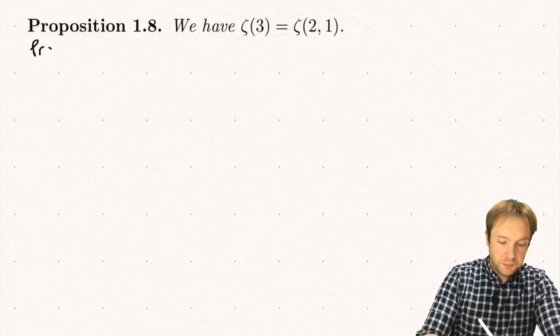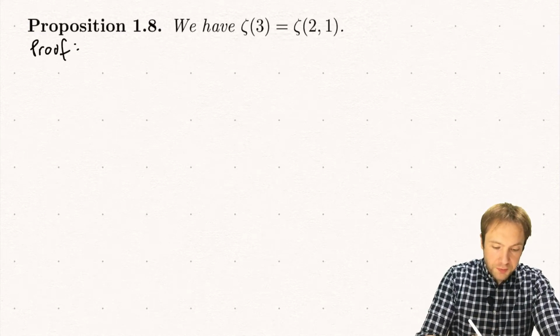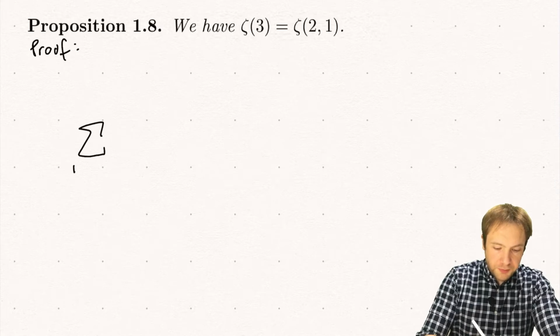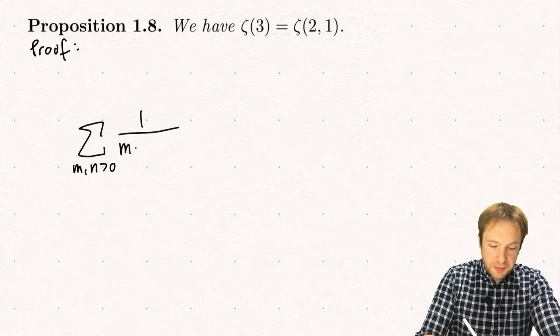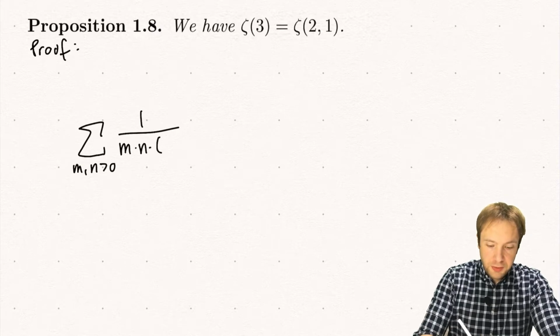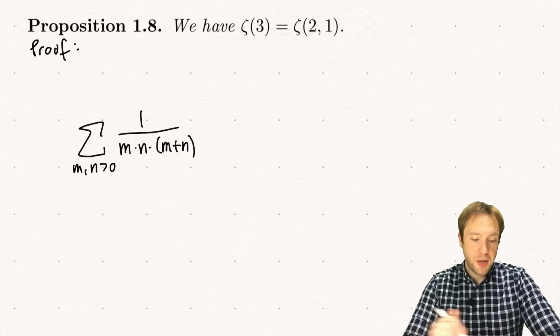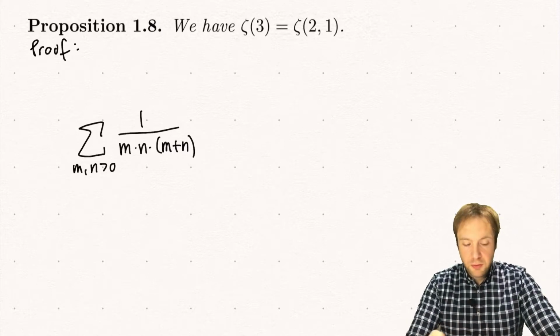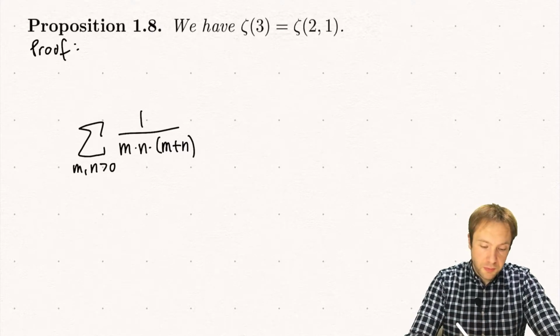Proof. So we start with the following sum. It's a double sum, m and n, and we consider this sum, and with the same argument as before, you can show that this sum is absolutely convergent, and the idea is now to evaluate this sum in two different ways.